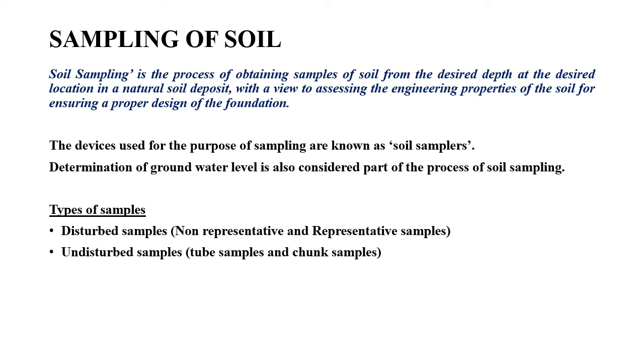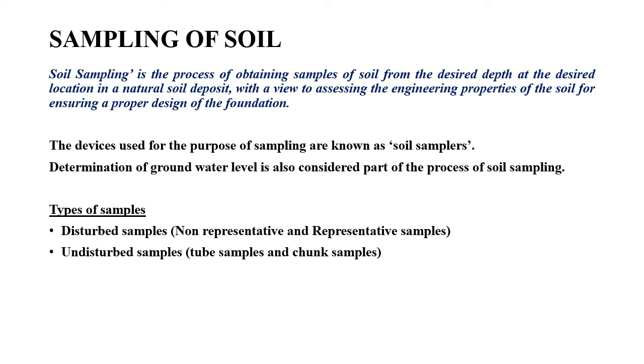Now, the second type of sample is an undisturbed sample. Obviously, it's a very good quality sample, and we require undisturbed samples for determining accurate values of engineering properties of soils. So here, the structure of the soil will not be disturbed. Even when we say disturbed and undisturbed, it's a relative term only, because in the true sense, even with the best boring technique or with the best samplers used, some degree of disturbance will definitely be caused to your soil sample.